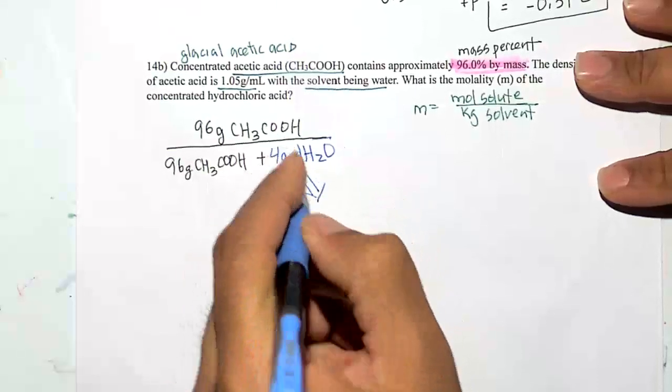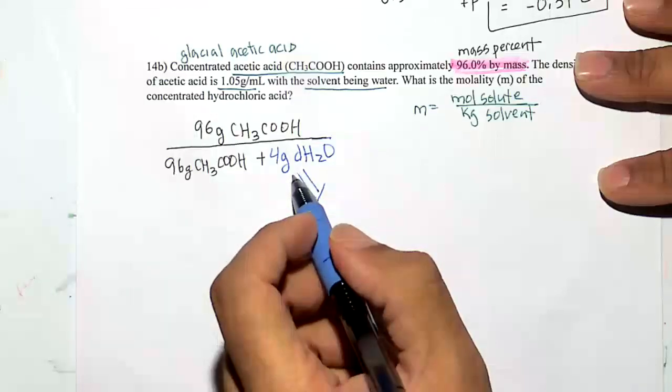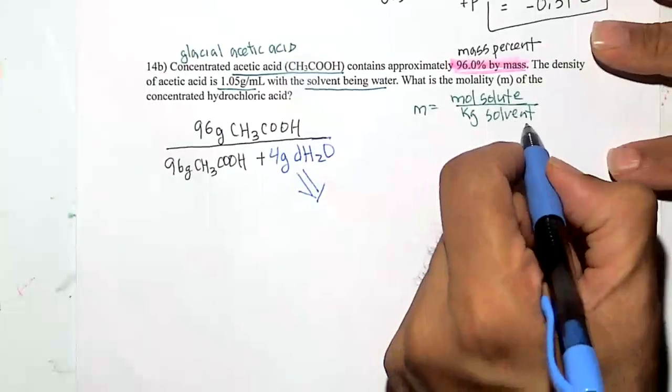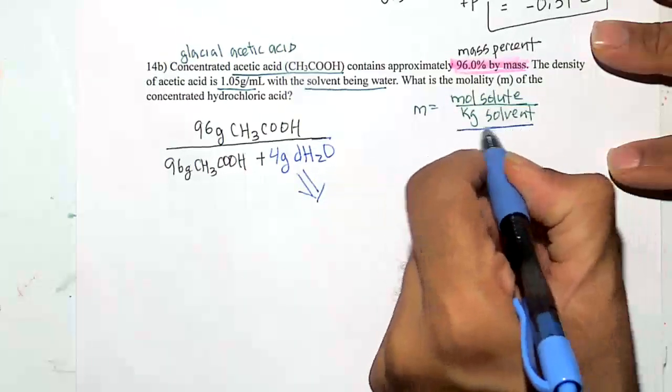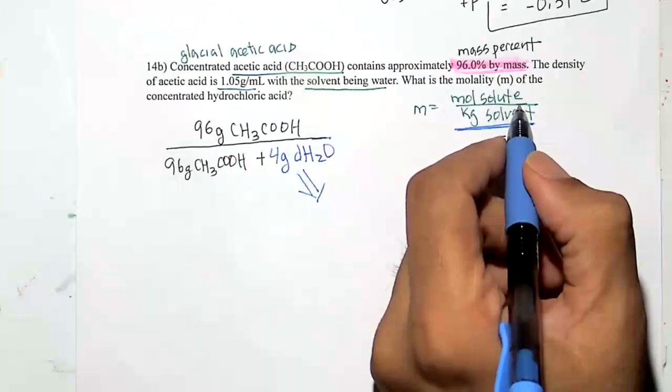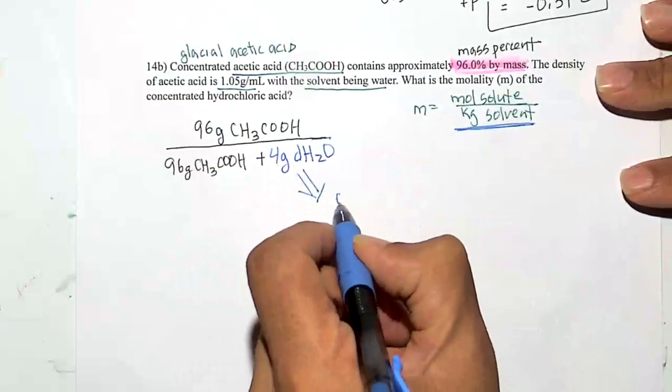So I think this is fairly straightforward now. 4 grams is the same thing as, to convert it to kilograms, this is kilograms of solvent, you're going to move the decimal place 3 to the left.